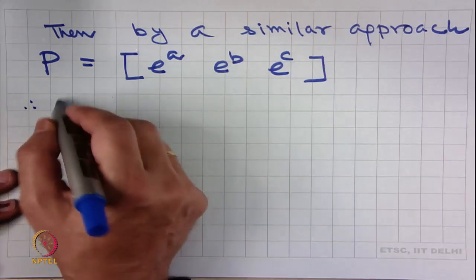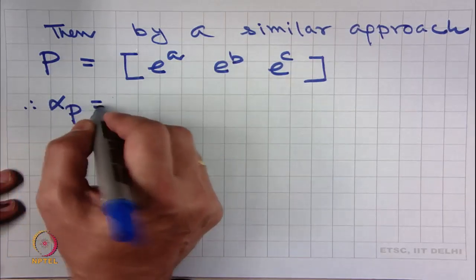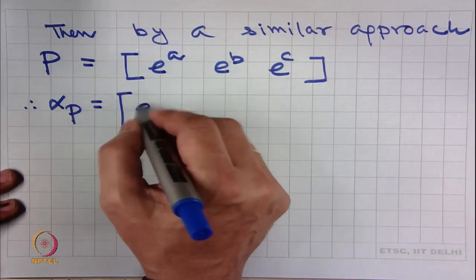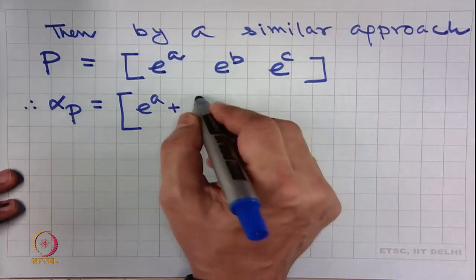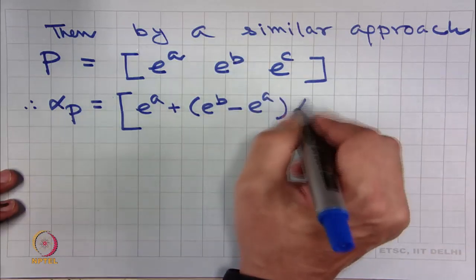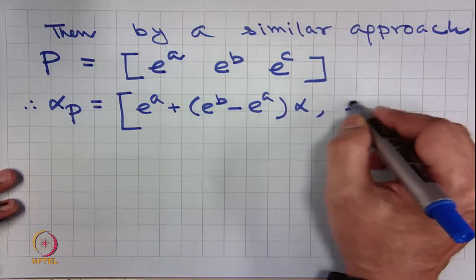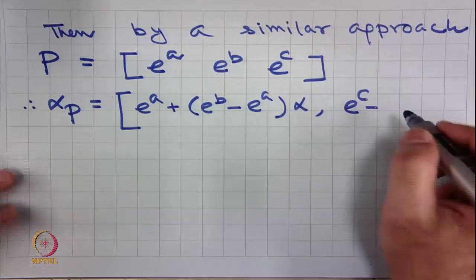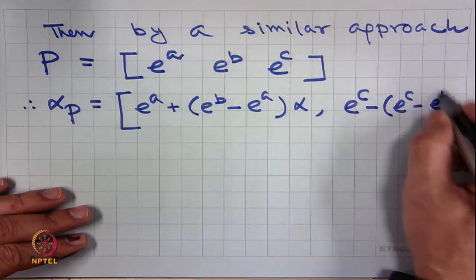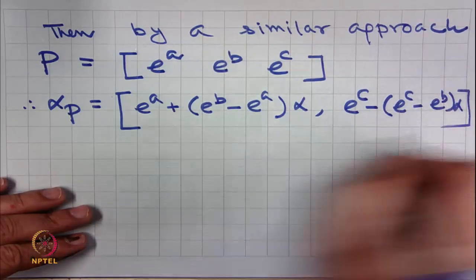Therefore, alpha cut of P is equal to e to the power a plus e to the power b minus e to the power a alpha, to e to the power c minus e to the power c minus e to the power b alpha.